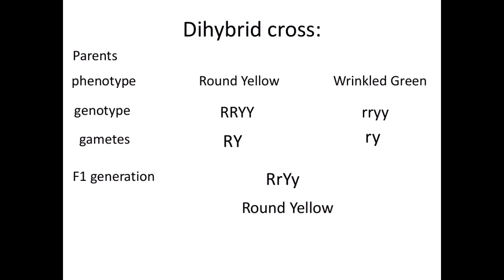The gametes produced are respectively capital RY and small ry. In the F1 generation, all the plants have round yellow seeds. In that, round yellow is the dominating feature, but the seeds are hybrid.